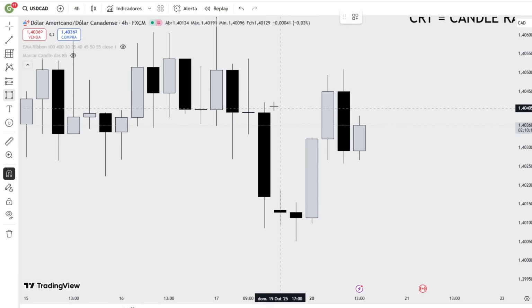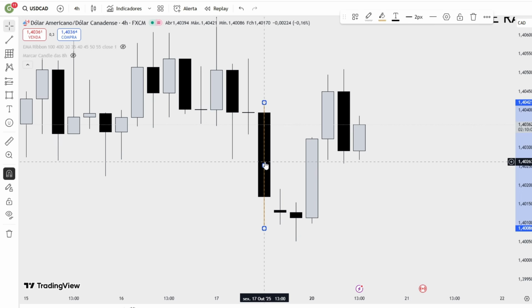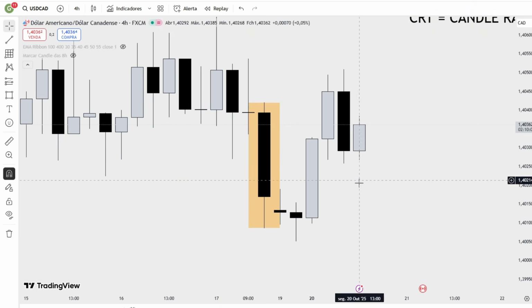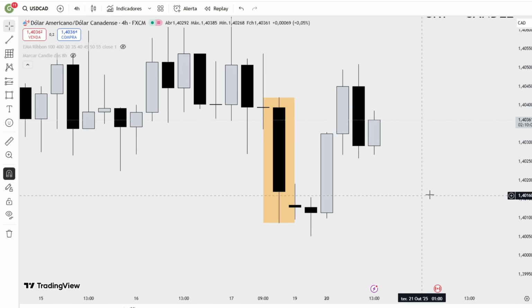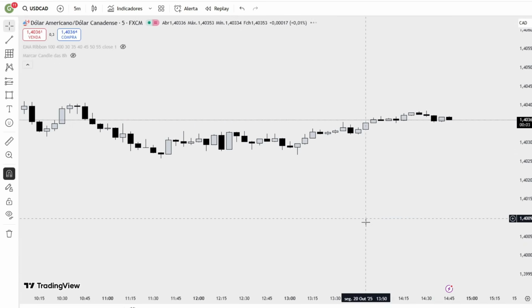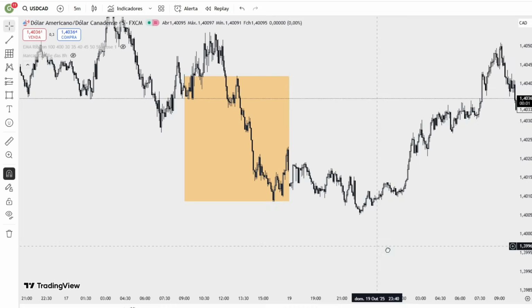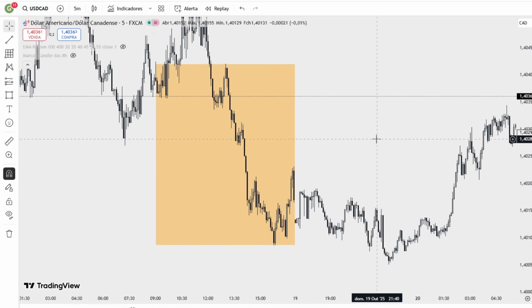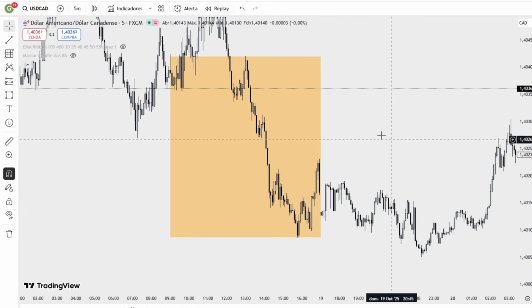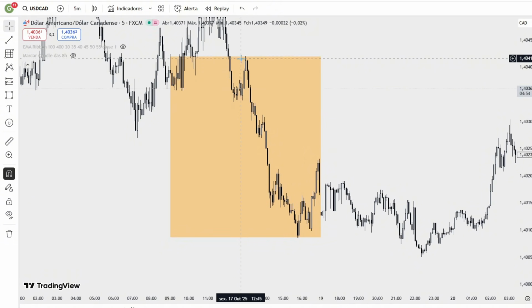If you don't believe me, I'm gonna show you how this works. We mark this range, this candle, and go to the 5 minutes. Oh my god, you have your range, you have your candle, the candle high and the candle low.